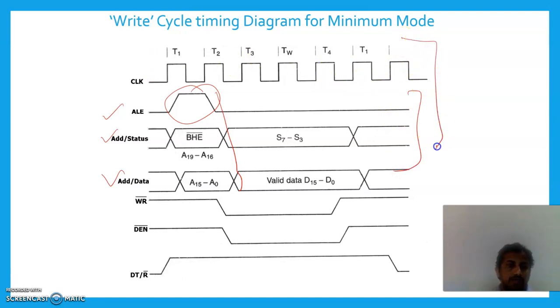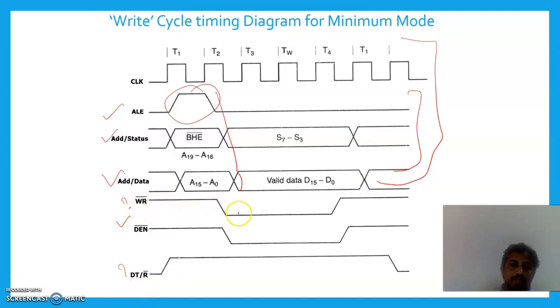The four are similar for all the timing diagrams. Data enable is also the same. Only the change will be there in this one. So if you remember these four, you can write these four.